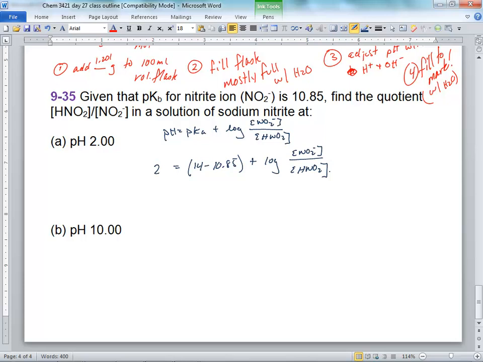14 minus 10.85. It's 3.15. So you have to raise both sides to the what power? 10, good. 0.0707 or so.